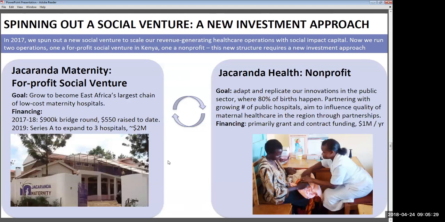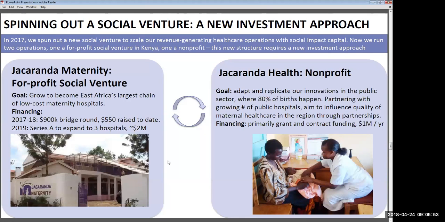So what we did was we spun out. We worked with pro bono lawyers and spent a bunch of time internally figuring out the right way to do this. But we spun out a for-profit social enterprise, which is still mostly owned by the nonprofit, but essentially a for-profit healthcare service delivery organization.